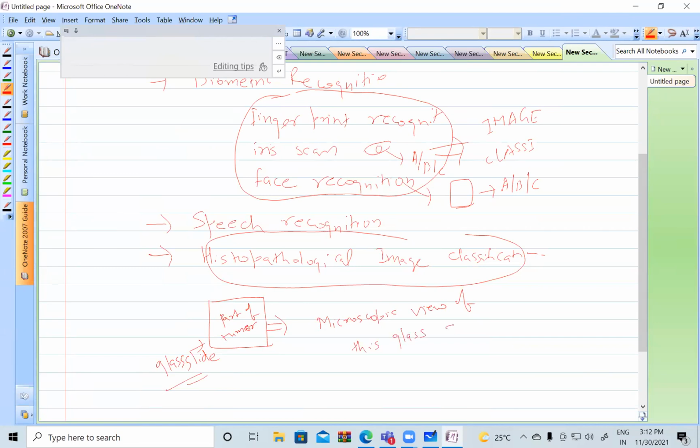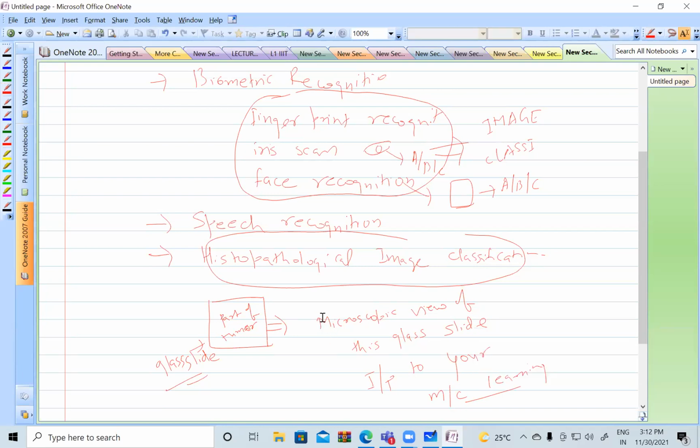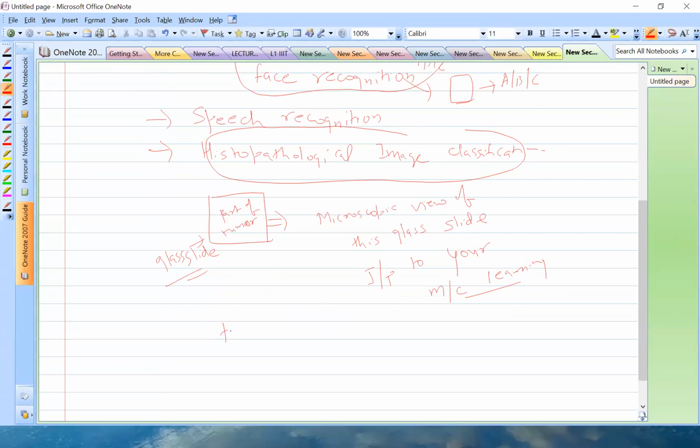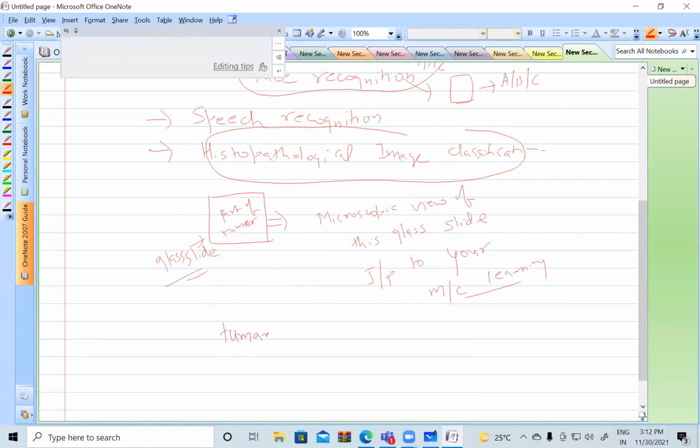This glass slide is given as input to your machine learning algorithm. What does your machine learning algorithm have to do? It is a decision support system, and it will help the doctor in diagnosing whether the tumor is malignant or not.